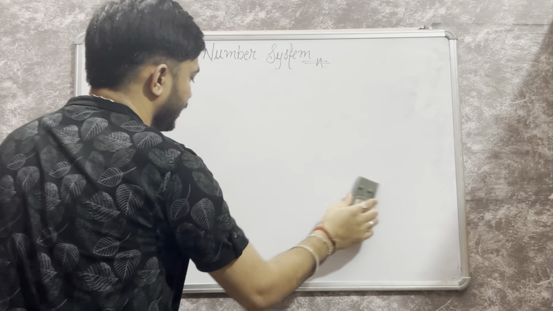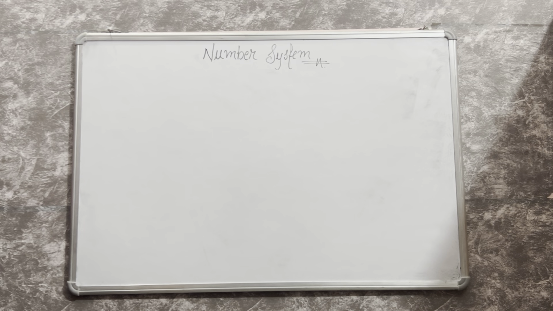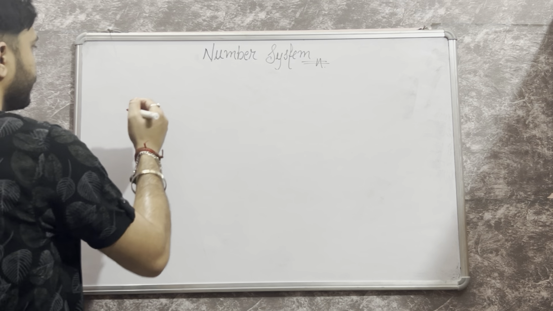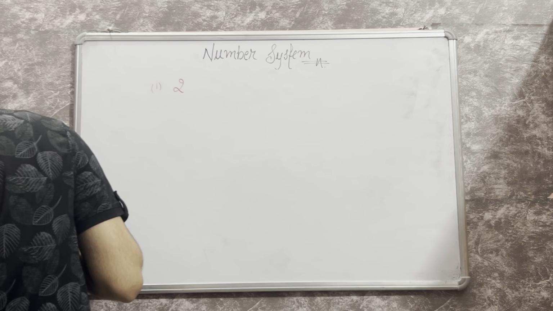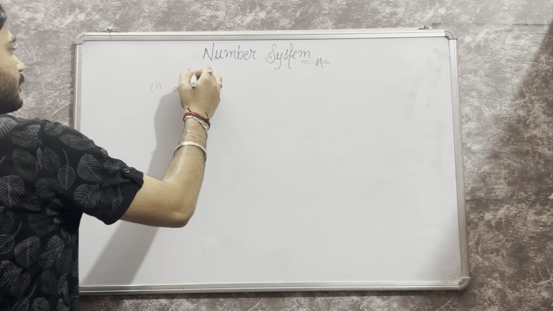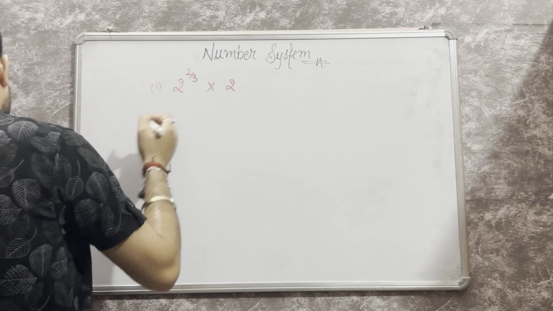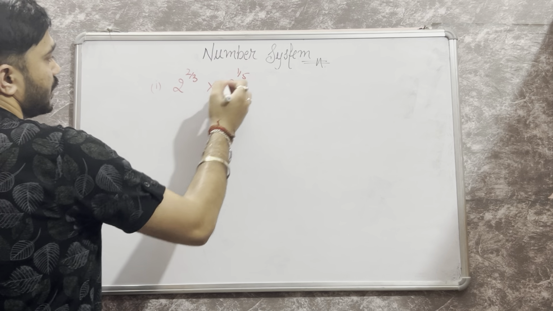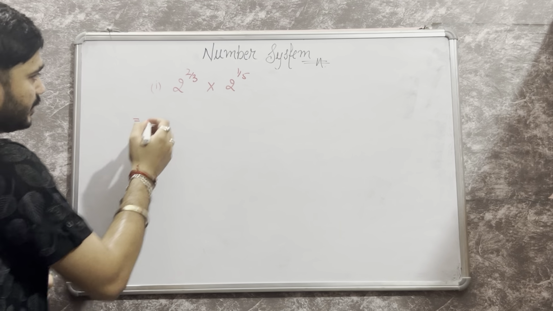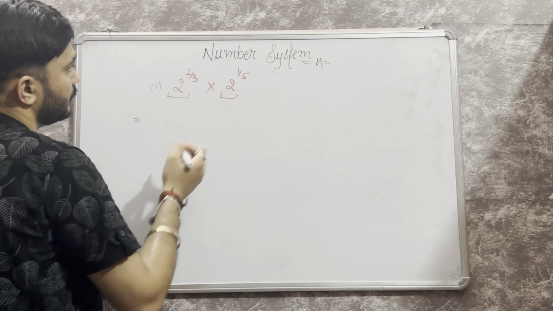of exponent type question. That is, what is the answer of first 2 raised to power 2 by 3 multiply by 2 raised to power 1 upon 5. Here you can see that base of both the numbers is same.